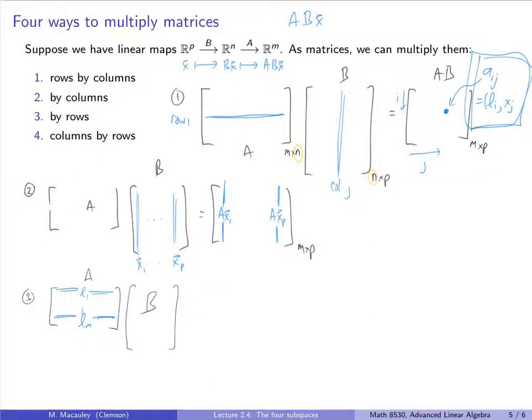So the rows of A are, say, L1 up to Lm, and the product here, now what we get is a matrix where the first row is L1 B, and then the last row is Lm B.